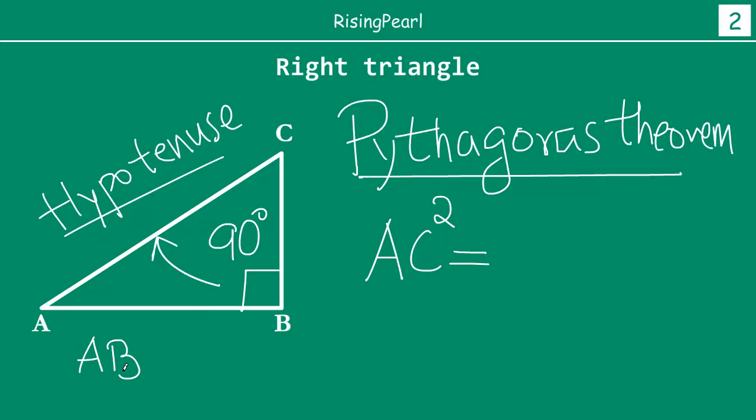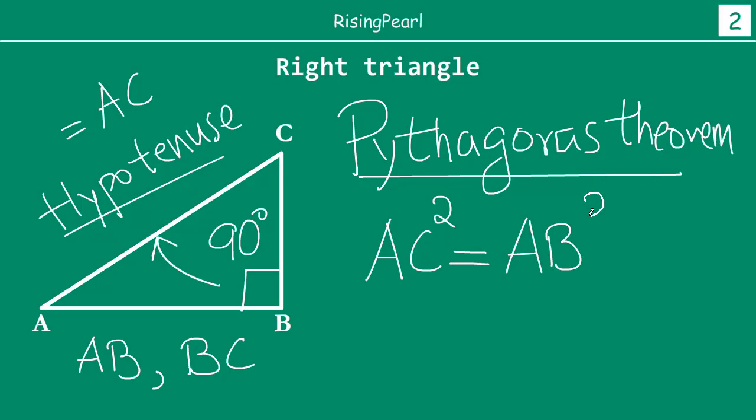So AC square is equal to AB square plus BC square. Again, friends, we are going to be using this Pythagoras theorem over and over again in this series, so I just wanted to get it out of the way.